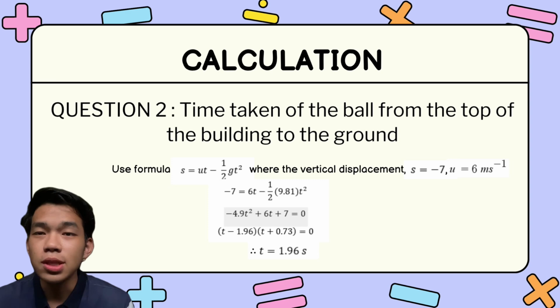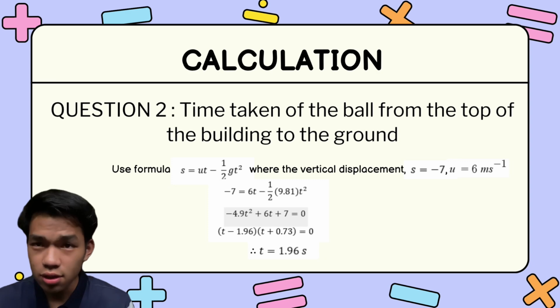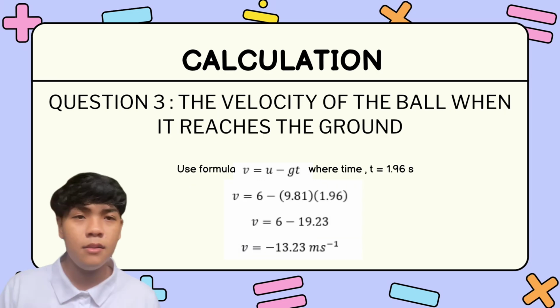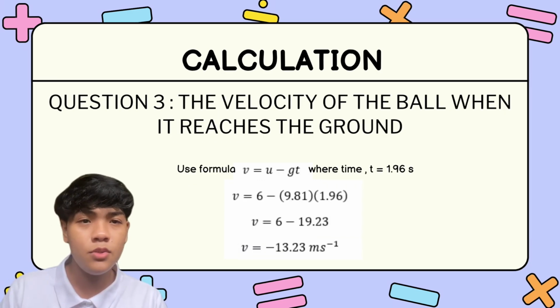After that, we substitute S = -7 meters and U = 6 meters per second, and then we get T = 1.96 seconds. The value of 1.96 seconds shows the time taken of the ball from the top of the building to the ground.